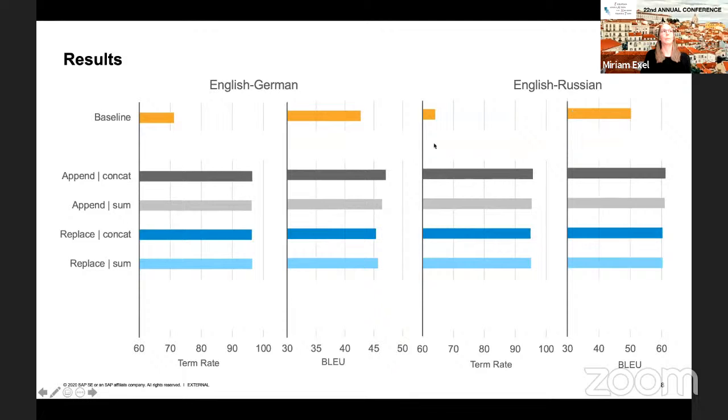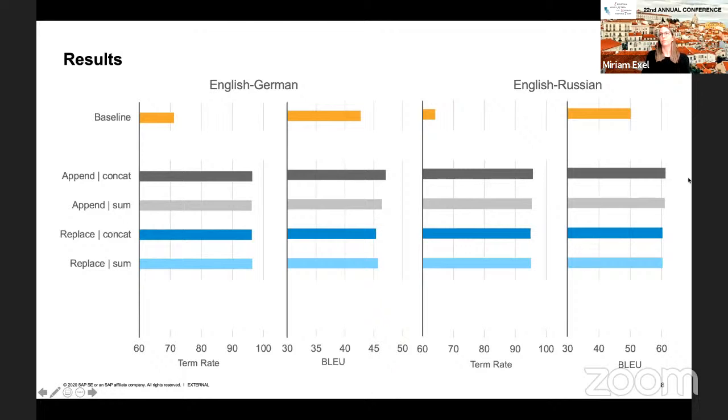So we compare the append and the replace approach, each with the concatenated and the added source factors against the baseline. So the baseline does not have any additional term information. And you can see that the baseline already performs pretty good, which can be explained by the fact that we are nevertheless in an in-domain translation scenario here. So looking at the append and replace models, they all outperform the baseline in terms of term rate here and in terms of translation quality by a wide margin.